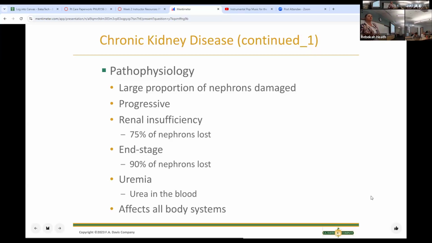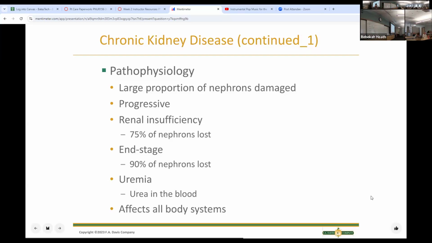And a lot of times we don't even know, because with kidney disease, you're still functioning well. If you look at their labs, they're still functioning normally, even though maybe only half the nephrons are working. So by the time we have symptoms, there's been a great deal of damage already. Look at the numbers right on here.